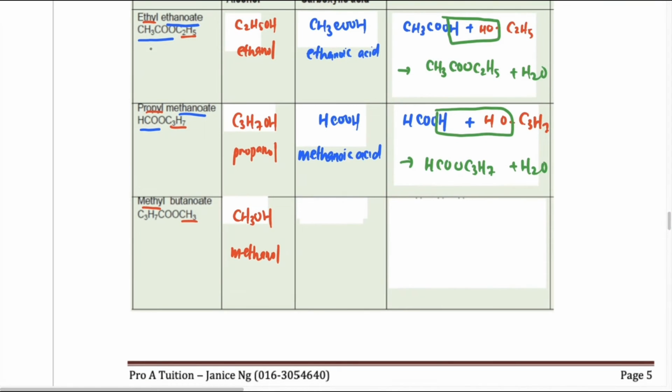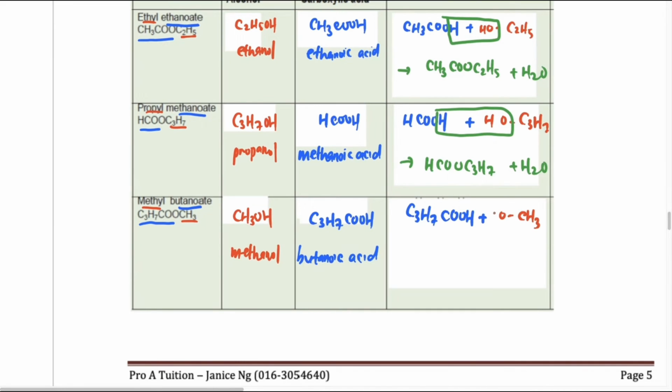Methyl butanoate. Okay, the carboxylic acid is from here. C3H7COOH, which is butanoic acid. Okay, then we join up C3H7COOH plus methanol swap.